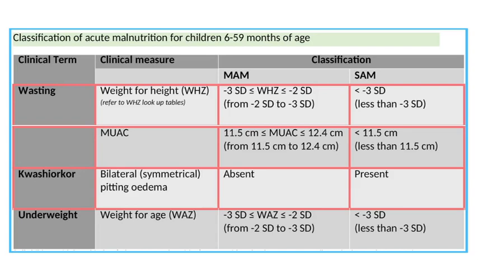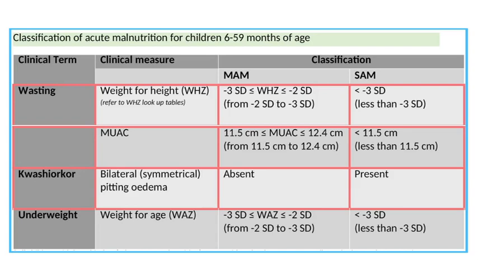And for a child to be classified as having severe acute malnutrition, their weight for height Z-score would just be less than -3 standard deviation. So that is how we classify wasting, that is using the clinical measure of weight for height Z-scores.